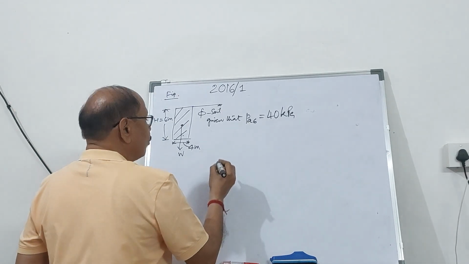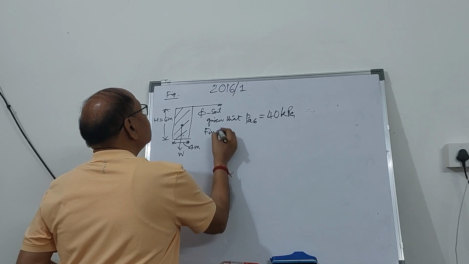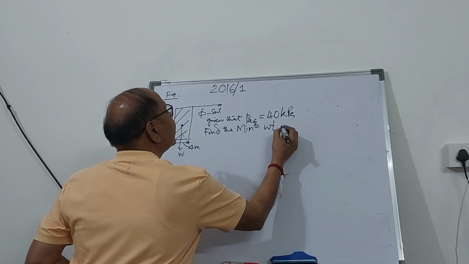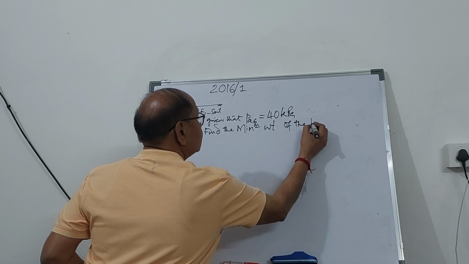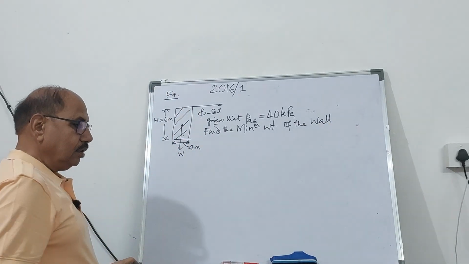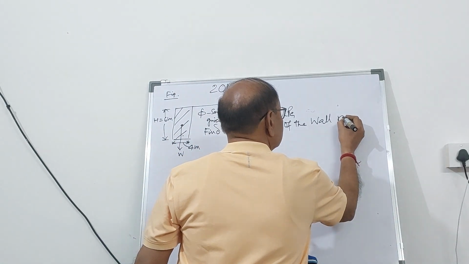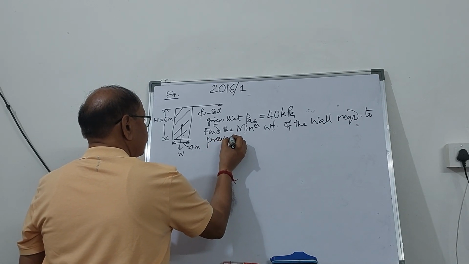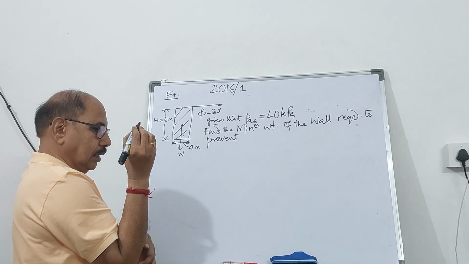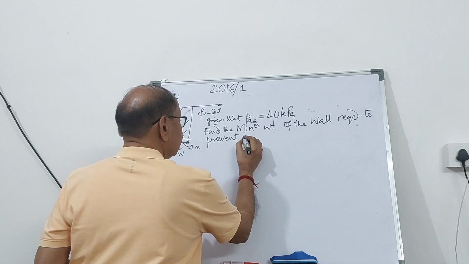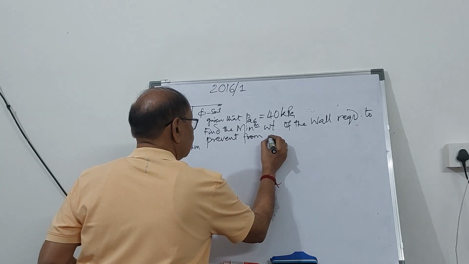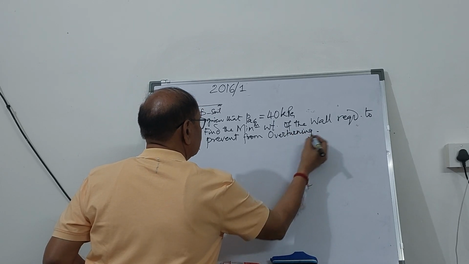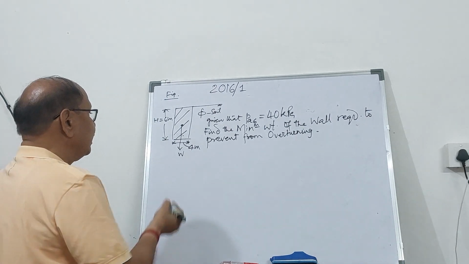Find the minimum weight of the wall required to prevent it from overturning. This is the question. Very simple question.